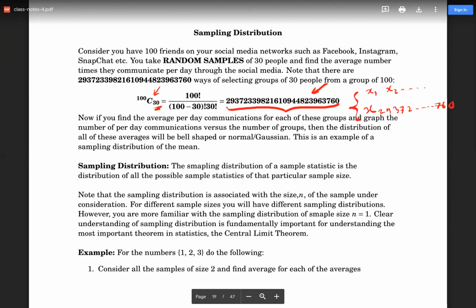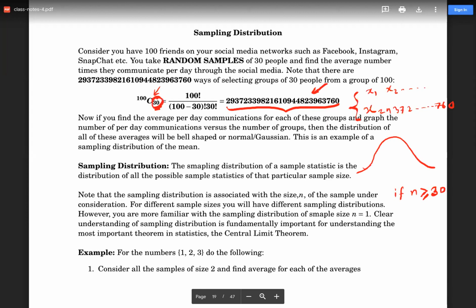Now, the beautiful thing about this is this. The sampling distribution is pretty much, for our purposes, always going to be bell-shaped or normal, if your sample size n is greater than or equal to 30. Here, what is the sample size? 30.